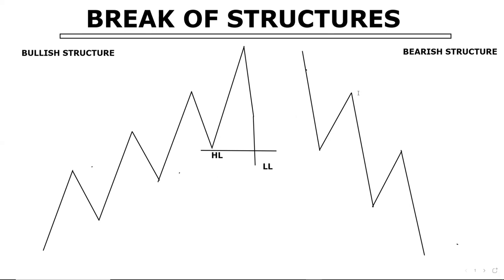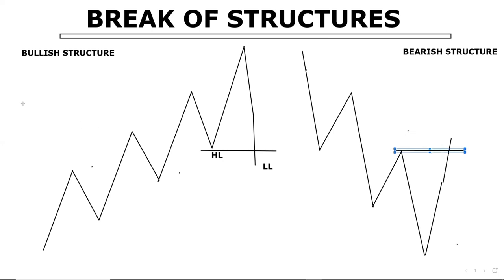Okay, how about a bearish structure? Instead of prices in this case making another lower high right here and continuing its beautiful movements of lower highs and lower lows, which is what a bearish structure entails, prices come and break the last lower high right here.